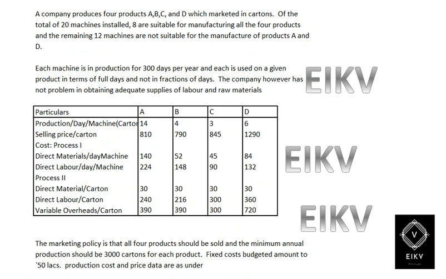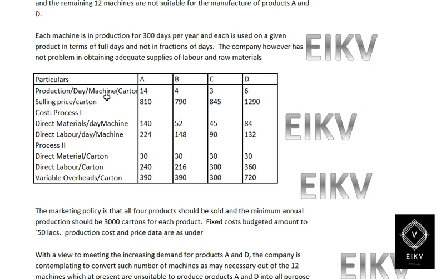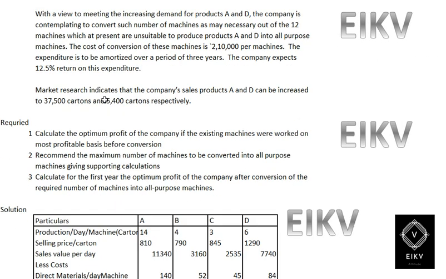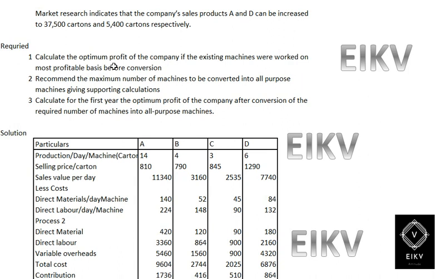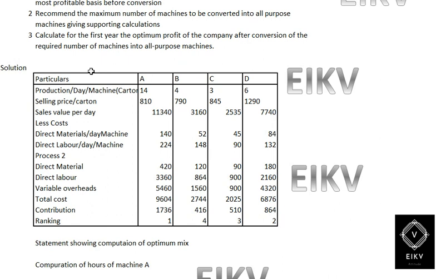Out of them 8 machines are used for every product, but 12 machines cannot produce A and D. And then they have given some details about converting those machines, and there is some cost for converting them, and we need to work out the feasibility study.